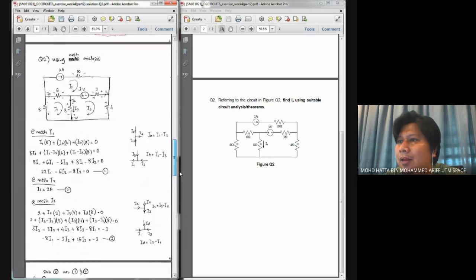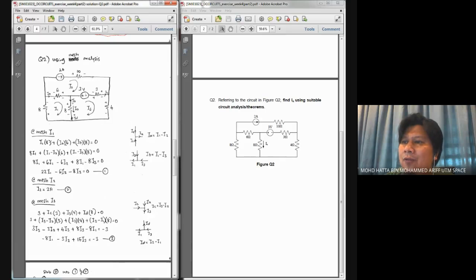If we consider mesh analysis, you need to label your meshes, as well as note or label the polarity of voltage drop within the loop. If this is the circuit, maybe I consider this one loop number 1, loop number 2, loop number 3.